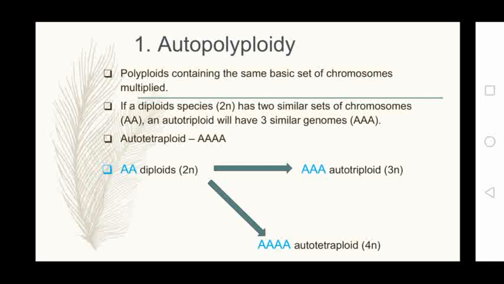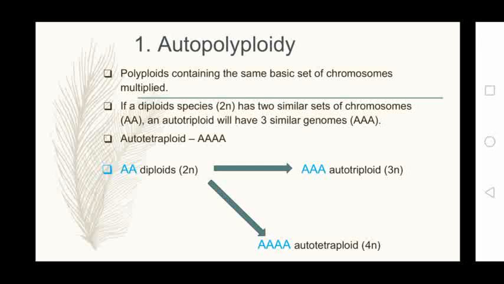I'll explain. If a diploid species, that is a 2n chromosome carrying organism, has 2 similar sets of chromosomes, capital A, that is just for representation.